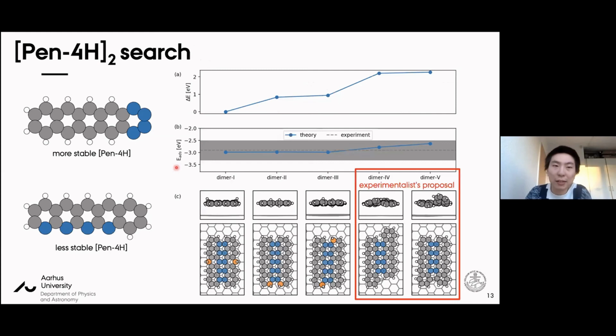And there is another system studied in that paper, pentacene with the 4 hydrogen emissions. And they have proposed structures where the monomers can only form 4 carbon-carbon bonds between the 2 monomers. This is what they propose. But during our research, we found something very different from their proposals.